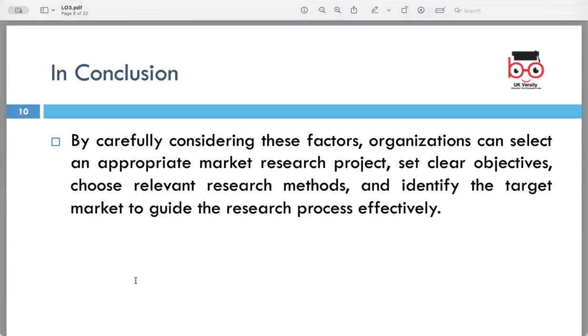In conclusion, by carefully considering these factors, organizations can select an appropriate market research product, set clear objectives, choose relevant methods of research, and identify the target market to guide the research process effectively.